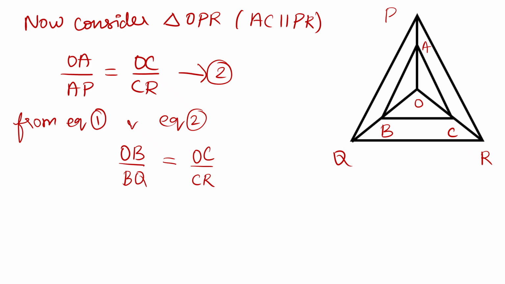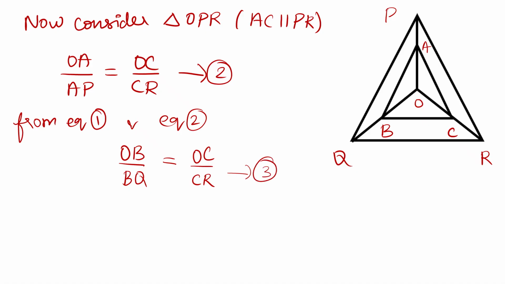And by the statement of the converse of basic proportionality theorem, in a triangle, if two sides of the triangle are divided in the same ratio, here in triangle OQR, as you can see, OB by BQ is equal to OC by CR. That is, the line segment BC divides the two sides of the triangle in the same ratio. Mark this as equation 3.